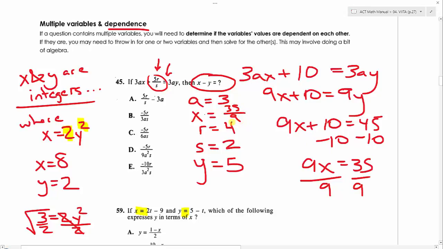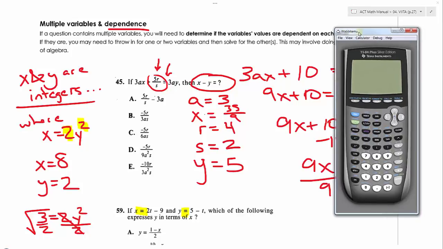That's fine because, again, remember I have a calculator, and 35 over 9 shouldn't really intimidate me too much. So I'm going to let the calculator do the work for me. They are asking me what x minus y is, so here's my chance to go ahead and use that handy calculator. So I am going to do x, which is 35 divided by 9.